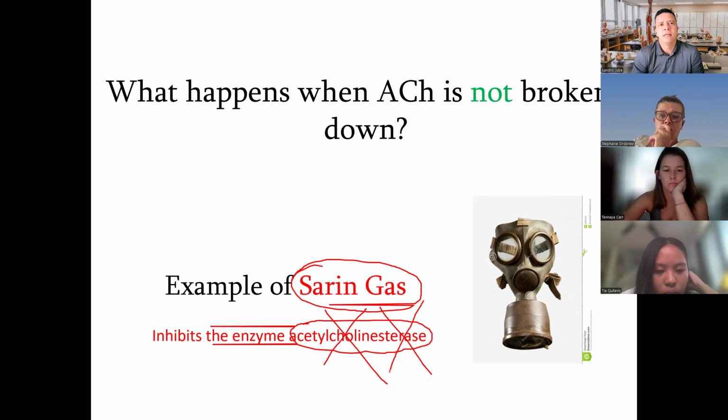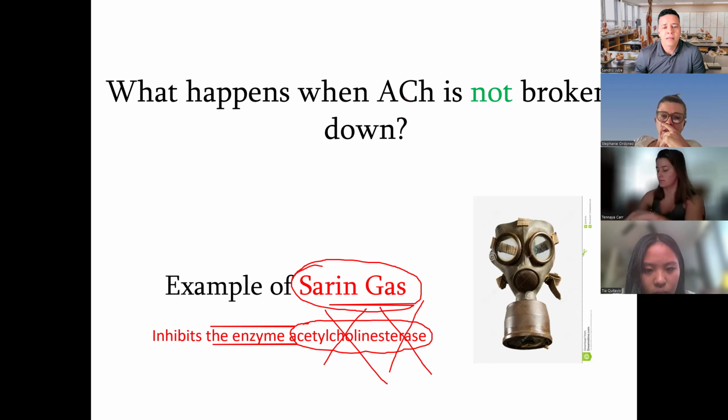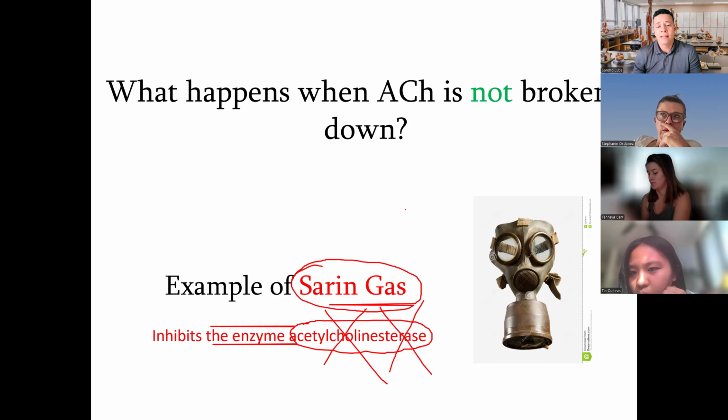Let me ask you this in a different way then. Can your skeletal muscle relax if you are exposed to sarin gas? No. It's not that the muscles aren't contracting. It's actually the opposite. So let's understand this once again.